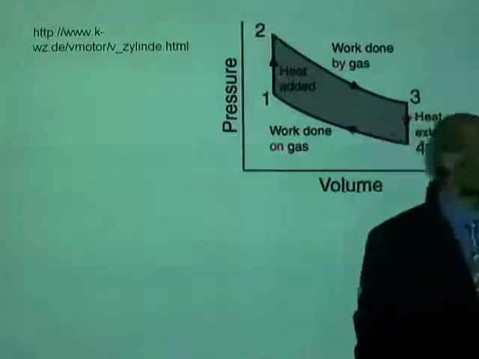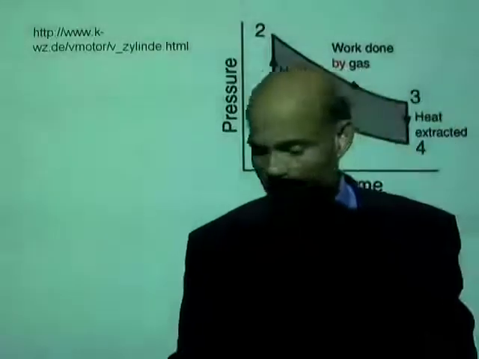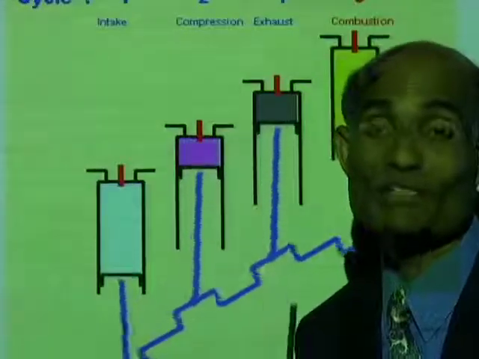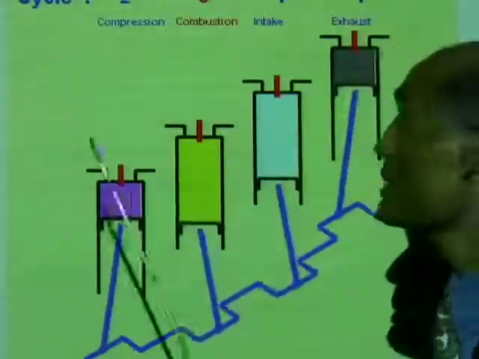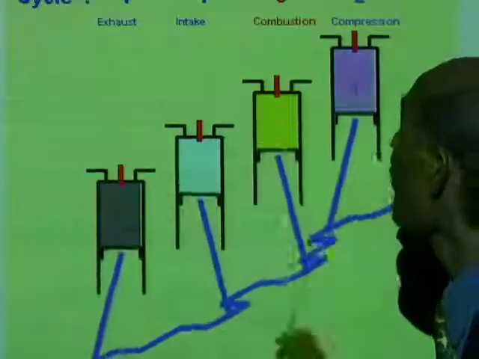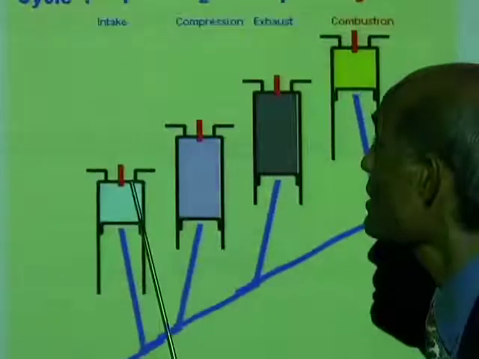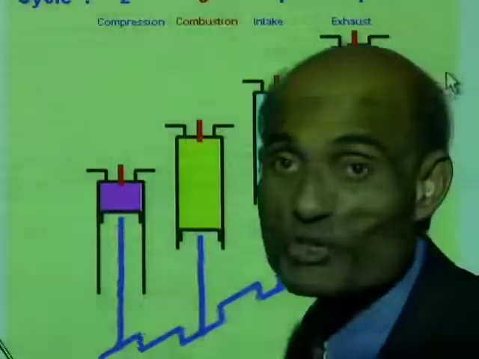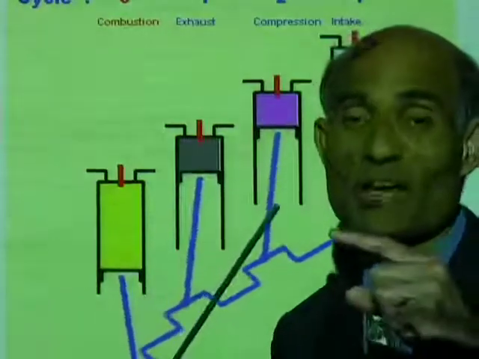Alright, let's see if I can give you an illustration. If your car is a 4-cylinder engine like mine, it will sort of work like this. Now look at the 4 cylinders. Let's concentrate on 1 cylinder and look at the 4 different strokes. What are the 4 strokes I gave you?